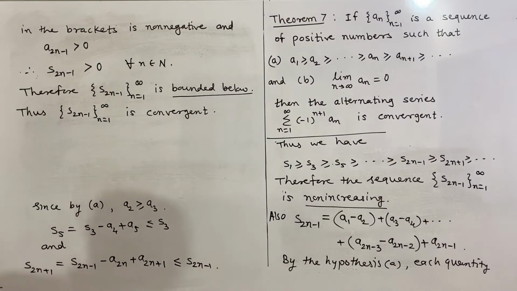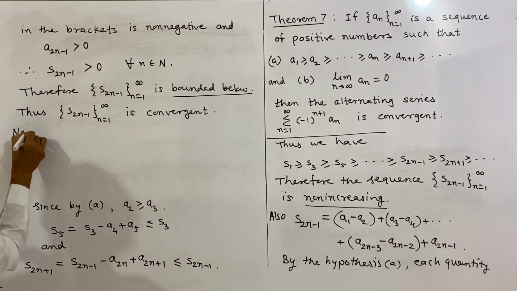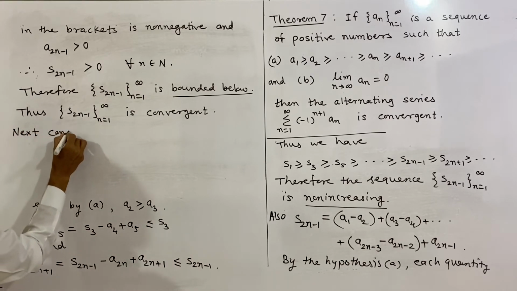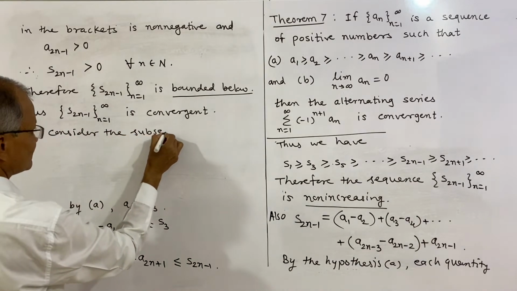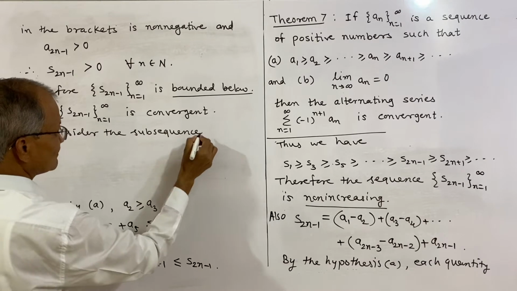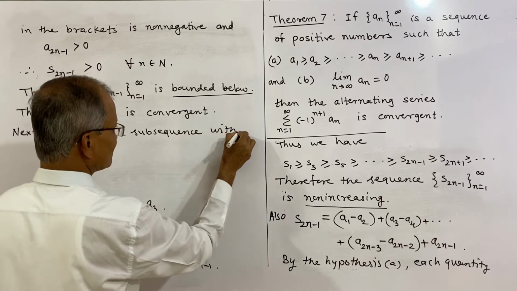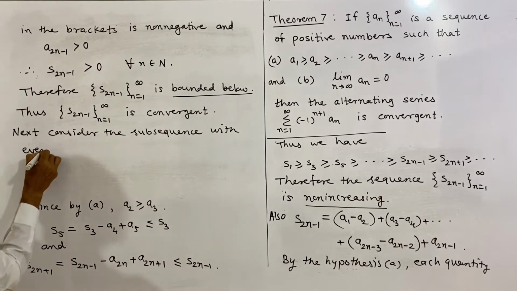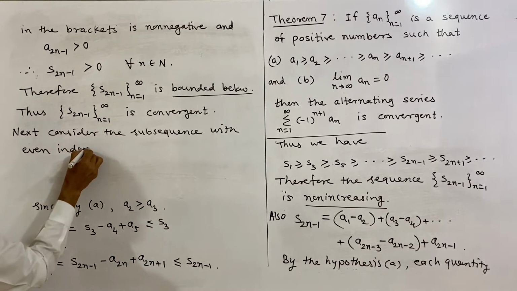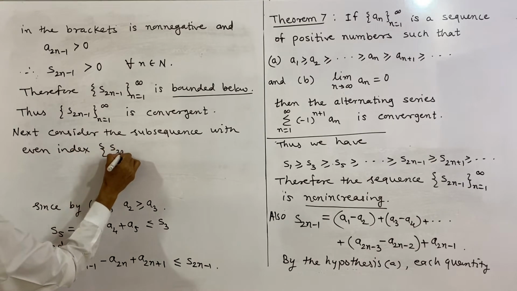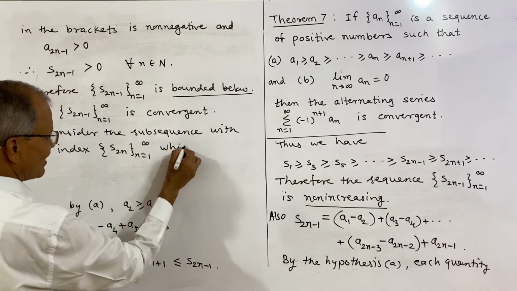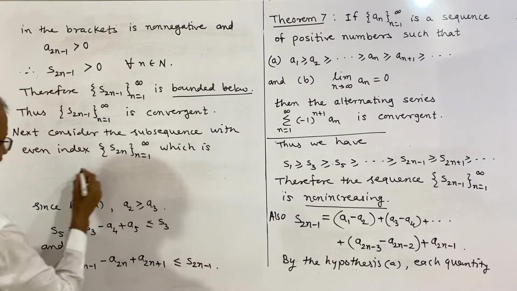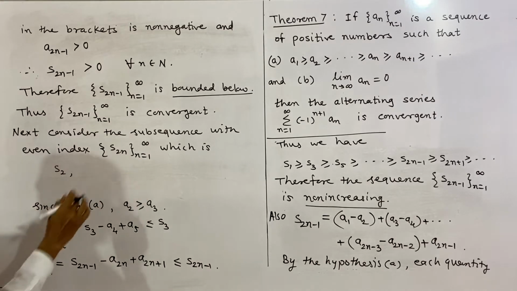Now consider the subsequence with even index, and that subsequence we have written as S2n, n takes value 1 to infinity, which is, you can see here, S2, even index, first term.